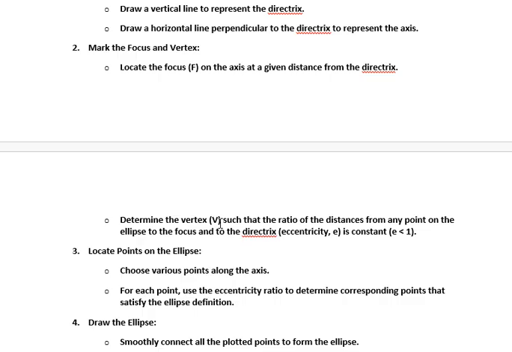Based on the distance of the moving point from the focus and directrix, you will be getting different curves. If it is moving somewhat closer to the focus point, we will be getting an elliptical curve. Suppose the moving point is midway between focus and directrix, then tracing that moving point we will be getting a parabolic curve. Suppose it is closer to the directrix, we will be getting a hyperbolic curve.